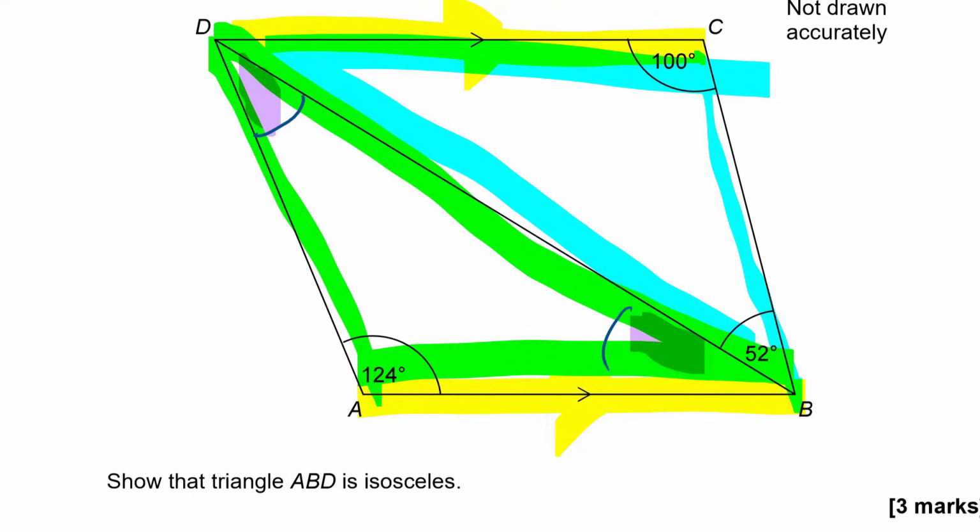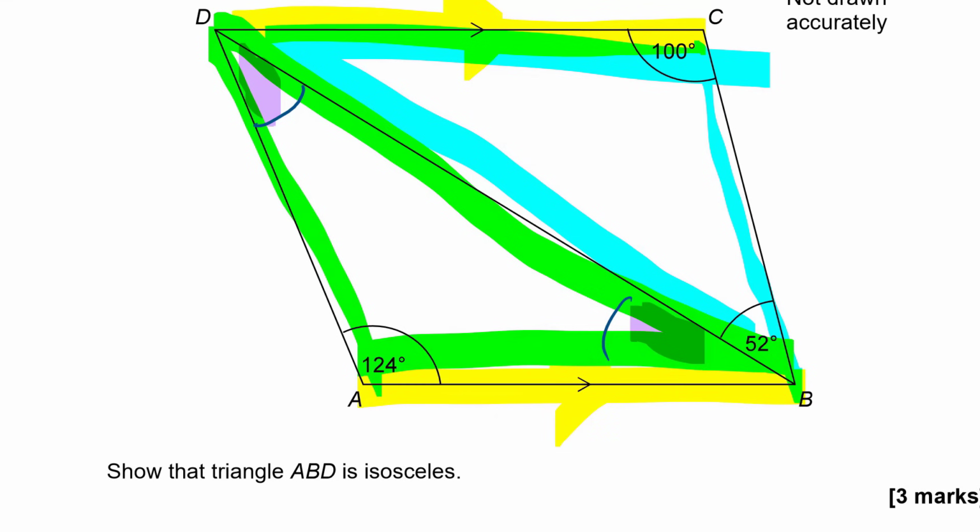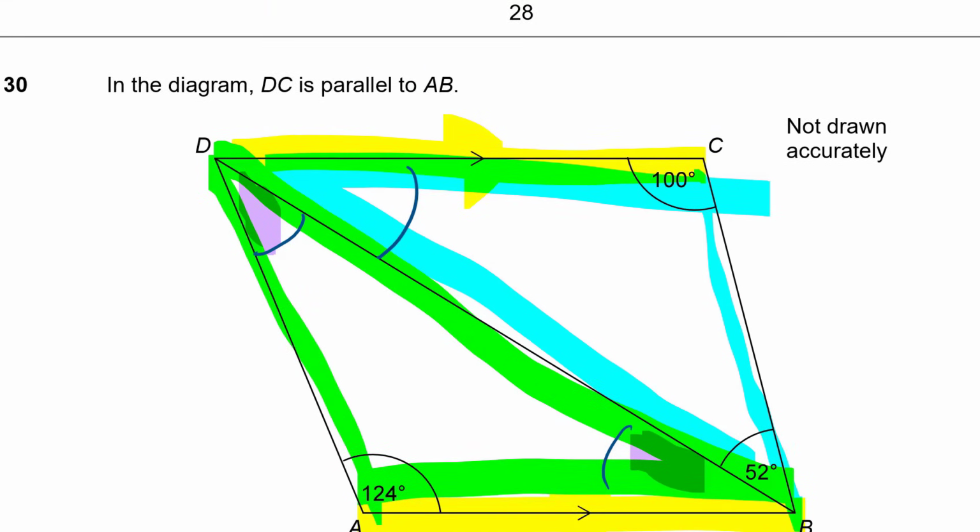So the angle at the top there, this angle up here, is going to be, well, the angles in the triangle add up to 180 degrees, don't they? So my 100 plus my 52 plus my angle there equals that angle there, doesn't it? So I know that that angle is equal to 180 minus the other 2.